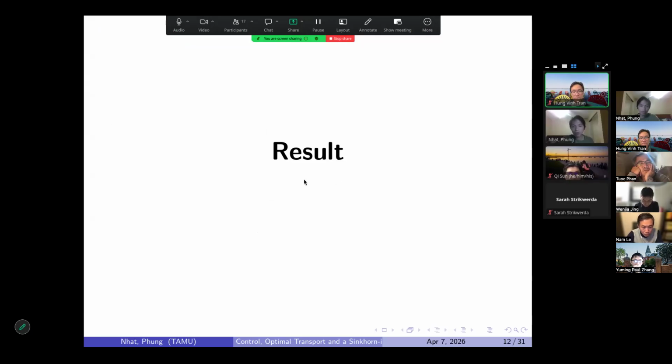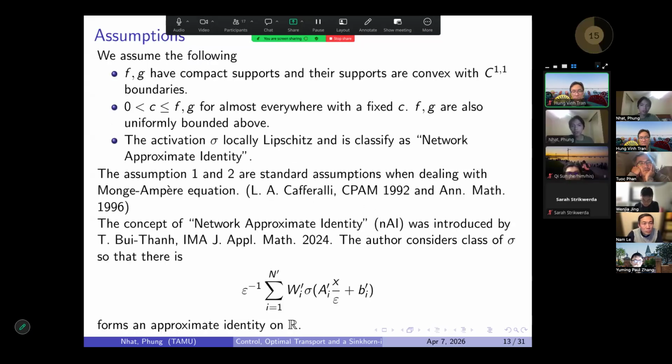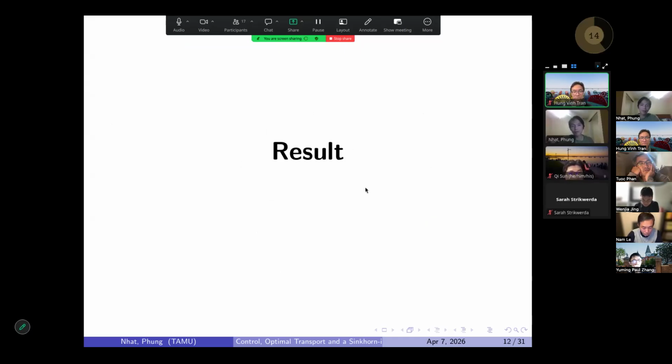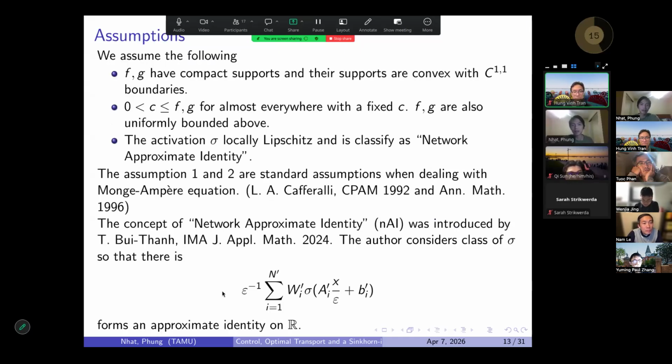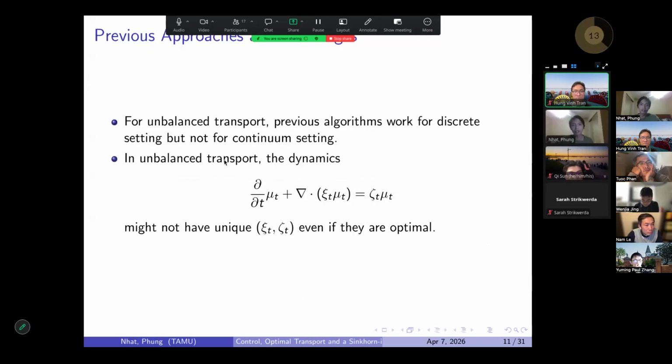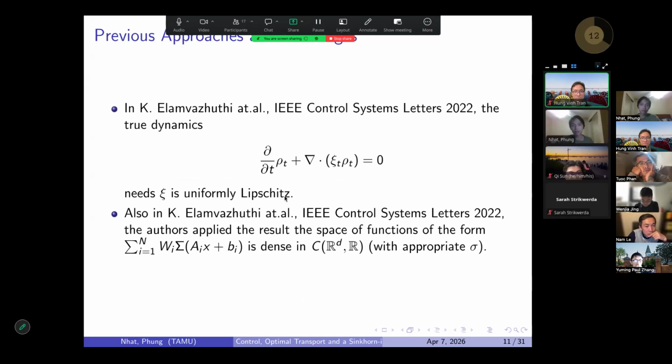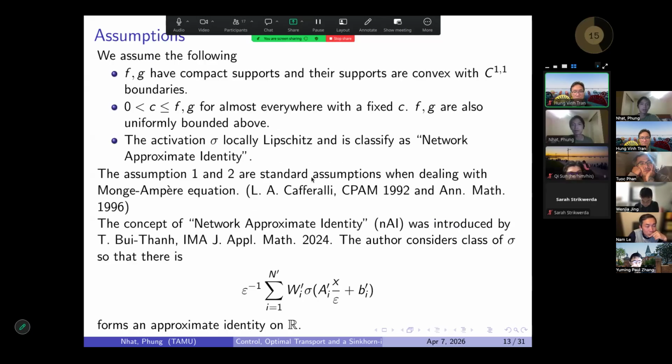For our result, the first thing before we talk about the actual result is the assumption. As I mentioned before, we try to avoid the strong assumption starting from the vector field. For our assumption, we only assume on the two density functions that we are usually given.